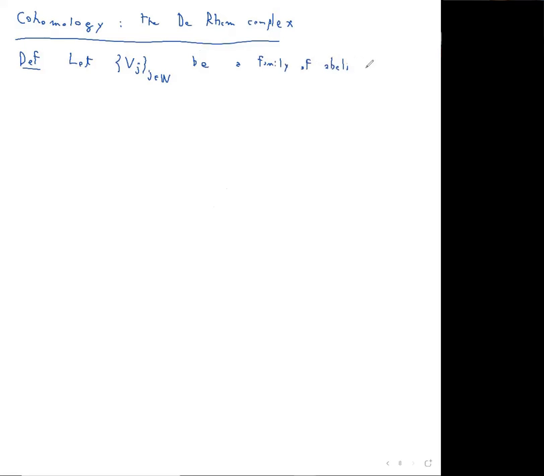So we just take some abelian groups indexed by natural numbers. Suppose that for every j in N, we have a map that goes from one into the next, and these are group morphisms.